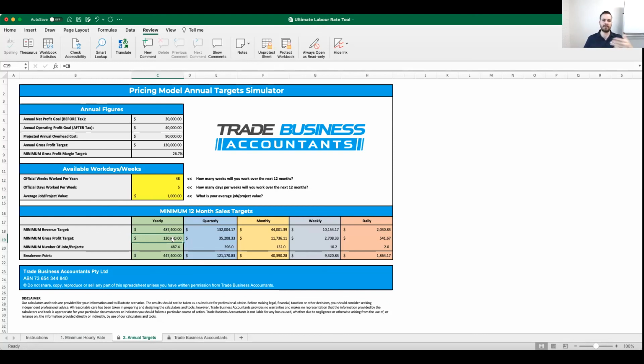But as you've seen, and as I've explained, your labor isn't an overhead cost. It's not a cost that just exists. Yes, there's salaries, but they're field workers, therefore they're a cost to deliver the work, and therefore they sit in cost of goods sold. If you've got that labor sitting in overhead costs, the only cost of goods sold that you're factoring in on your profit and loss statement is your materials and potentially subcontractors and whatnot.